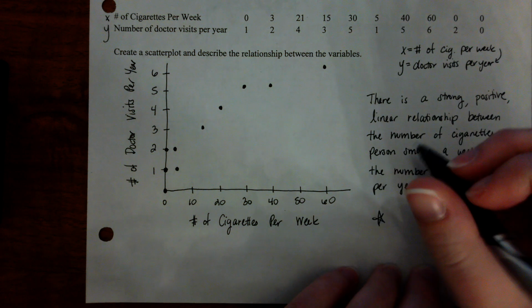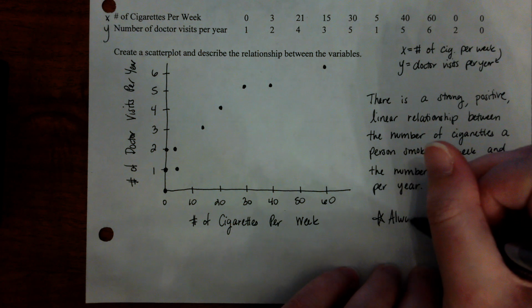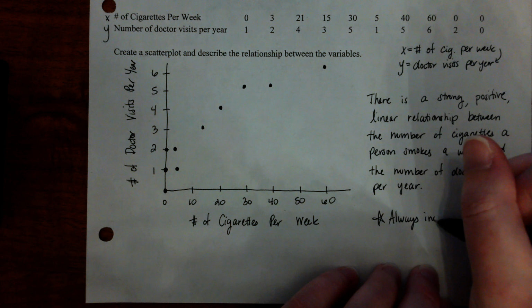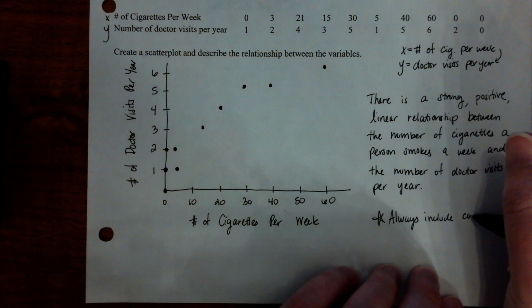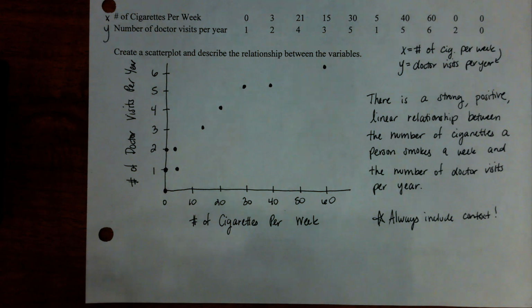So make sure that you always put it in context of your description. So what are the two variables? The two variables are the number of cigarettes a person smokes a week and the number of doctor visits per year.